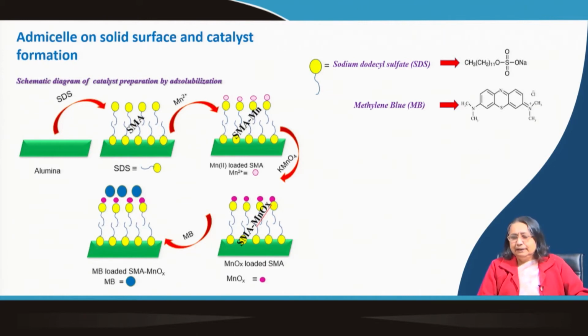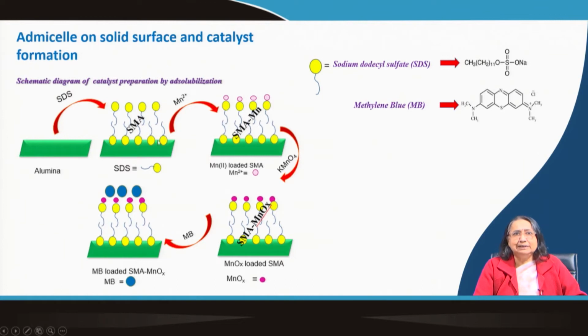That is very difficult. So here we can have a similar concept, but on a solid surface, and a solid is easier to remove by filtration or settling. Similar things happen here, but on the solid surface.